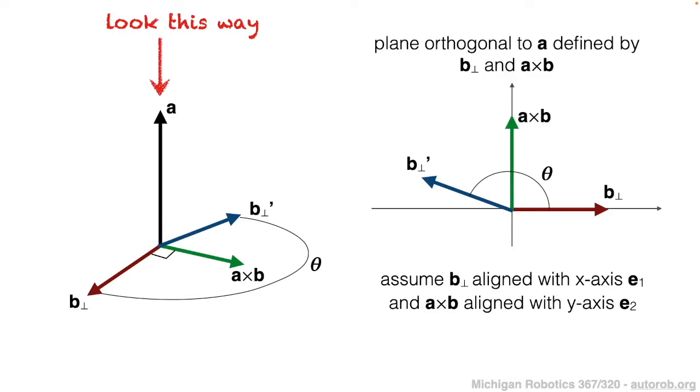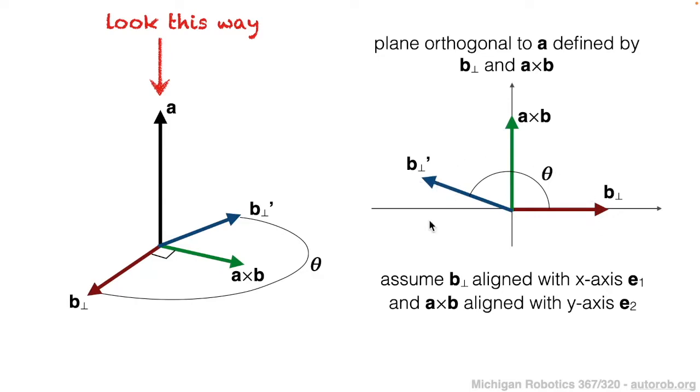So if we express a plane that's spanned by B orthogonal and A cross B, so on the right-hand side of this slide, where my cursor is, we have this plane that's spanned by B orthogonal and A cross B. We can then note that the B orthogonal prime that we're interested in would be a rotation in this plane of B orthogonal by theta degrees.